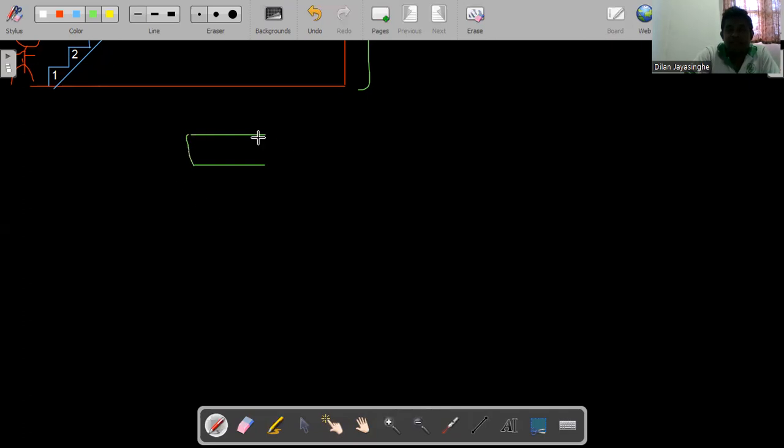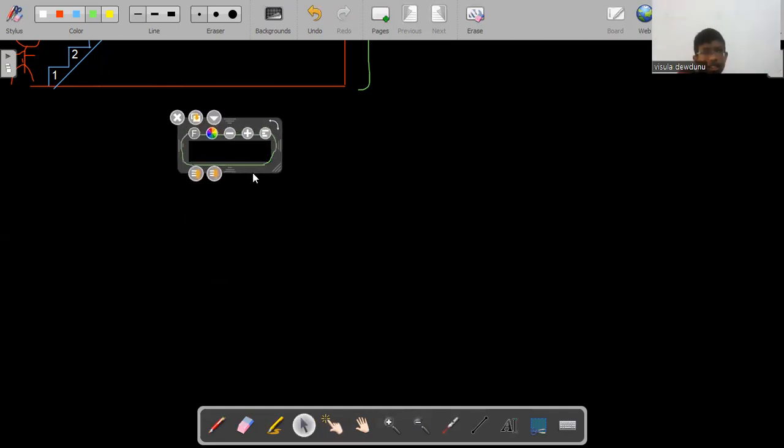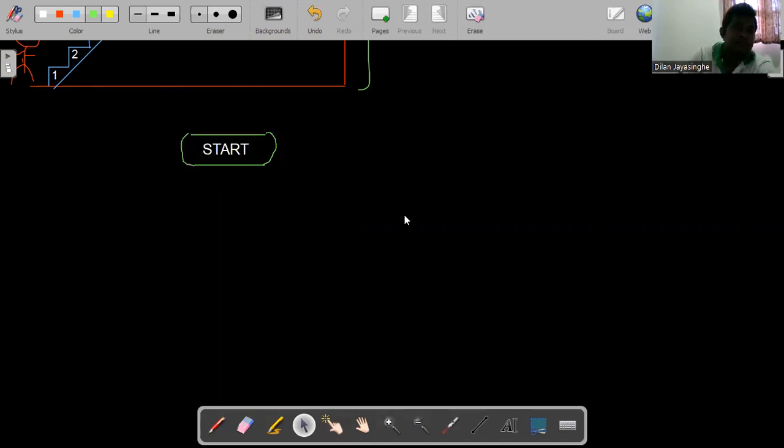When starting the plan, according to the symbols I gave, this is the oval symbol which is used to represent the starting point of the algorithm. Start. Right?